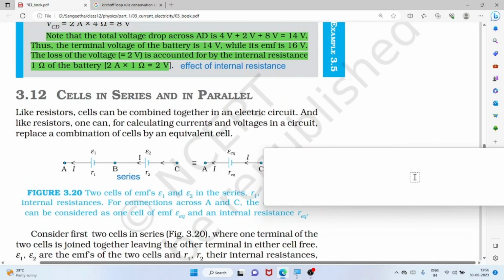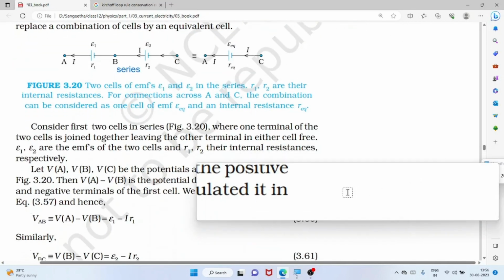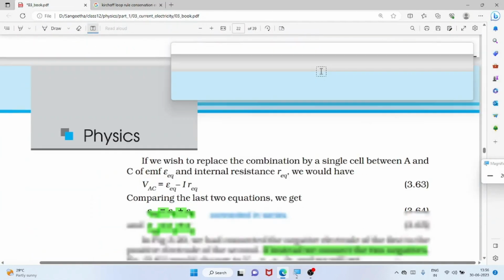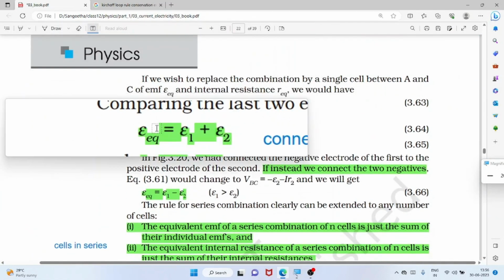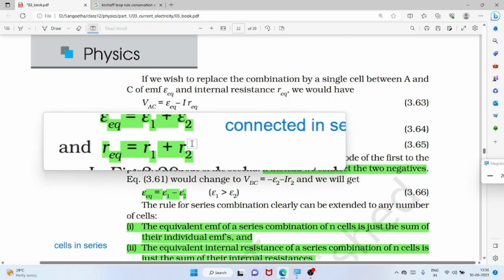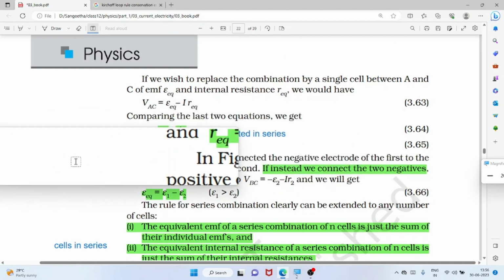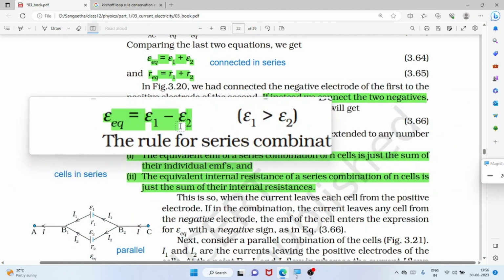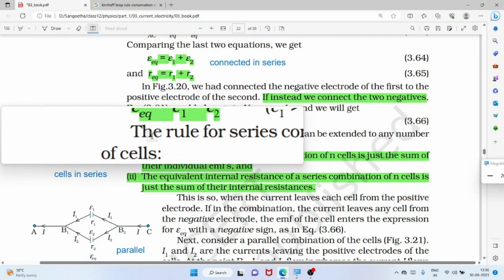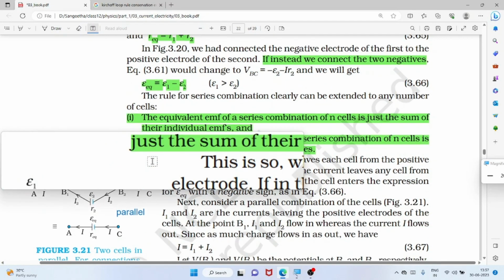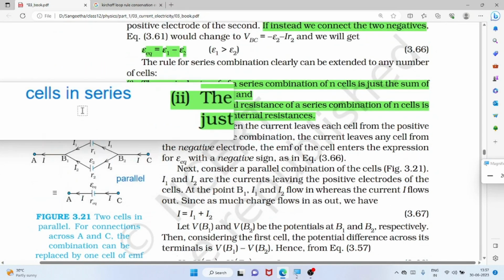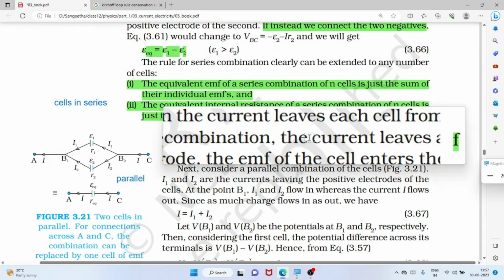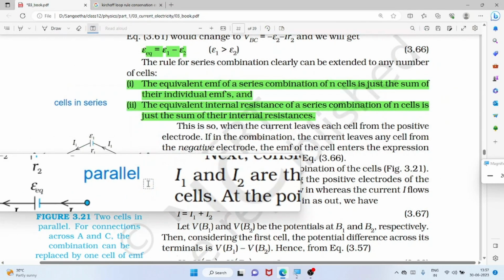When we connect cells in series and parallel, what is the effective voltage? This is the equivalent voltage when connected in series, and the equivalent internal resistance when connected in series. When cells are connected in series, the equivalent EMF of the series combination is just the sum of their individual EMFs.